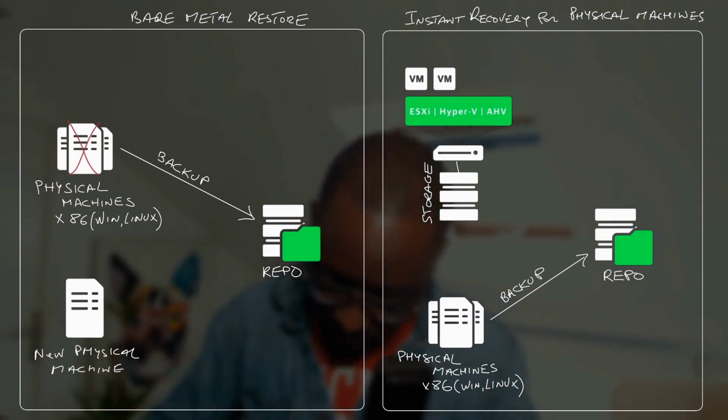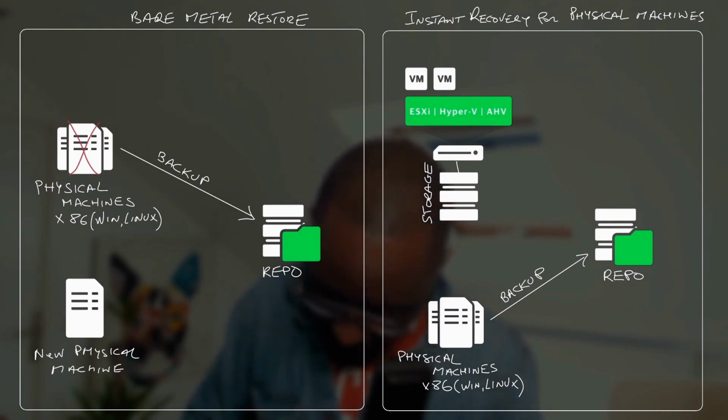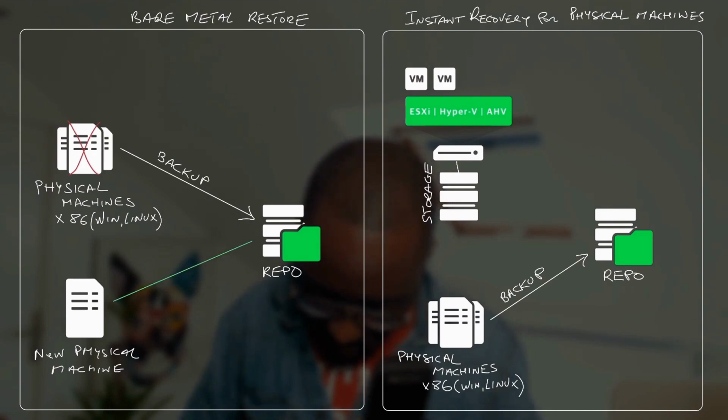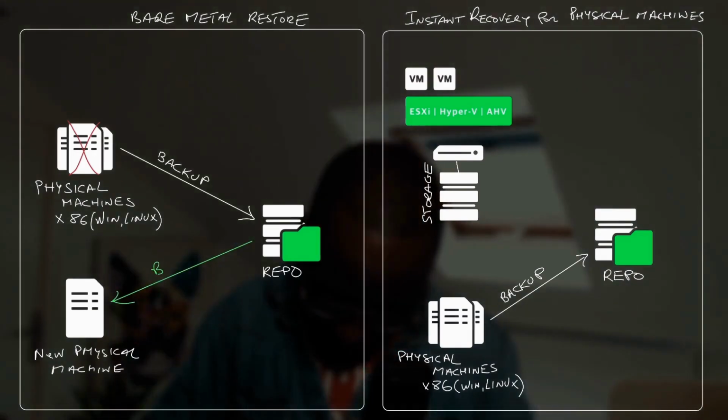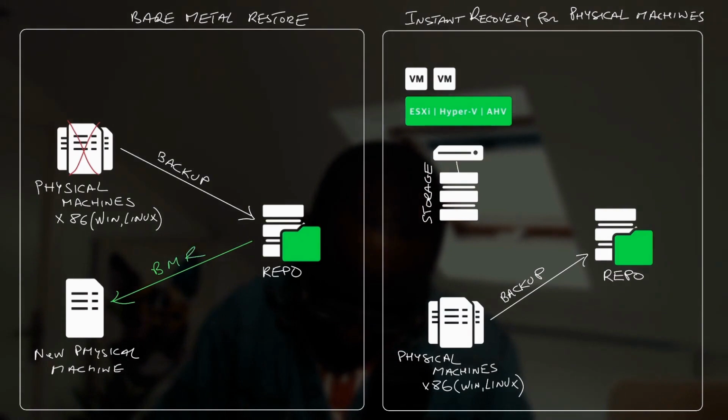So, the bare metal restore, BMR, without going into the details, is essentially a complete restoration of the entire image on the server with all the layers, and we will essentially represent it like this: metal restore.